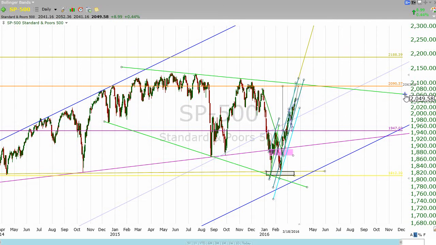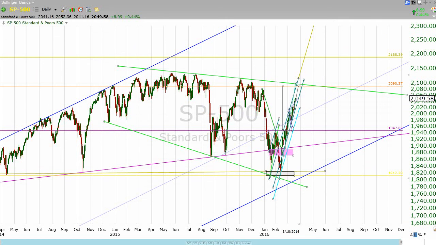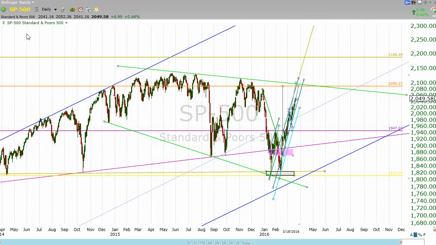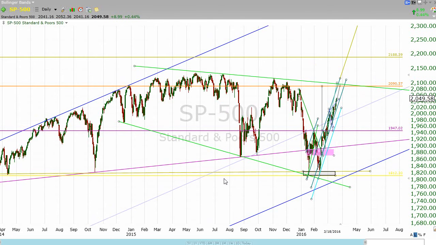This line right here, if we get over that, then it's possible that the past 2 years could end up being, rather than a top, a large consolidation pattern that propels the S&P up. If we break out of it to the upside, we would be looking at a significant amount of gain in the months and possibly even years ahead.